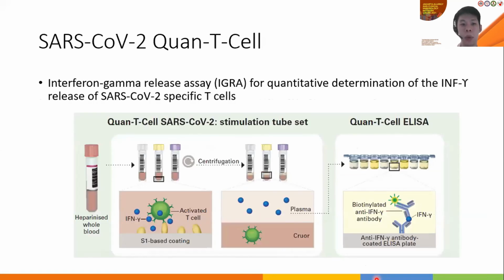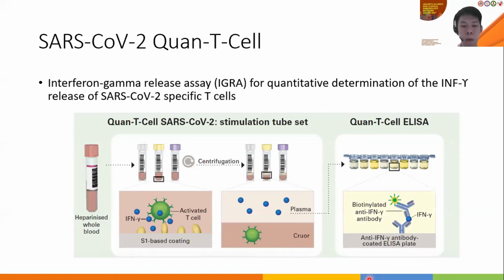So at EUROImmune, we have a product which has recently been launched and CE marked, called the SARS-CoV-2 Quanti-Cell assay. This assay measures the interferon gamma release quantitatively to determine the amount of interferon being released from SARS-CoV-2 specific T cells.